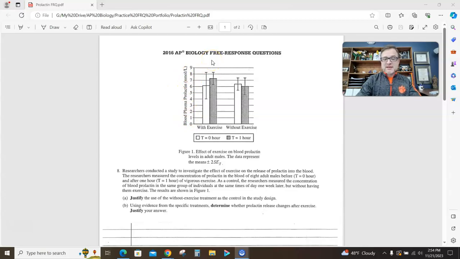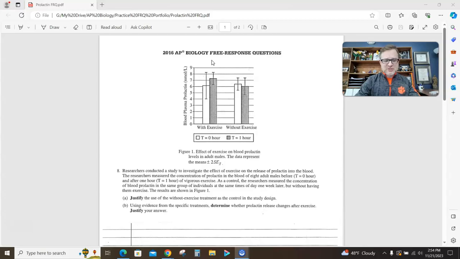So what you say is the without exercise is the control to make sure the change in blood plasma prolactin, and it doesn't hurt to throw in the unit too, nanomoles per liter, is due to exercise. Make sure the change in the dependent variable is due to the independent variable, so to make sure the change in blood plasma prolactin is due to exercise. Saying it that way will always get you the point.